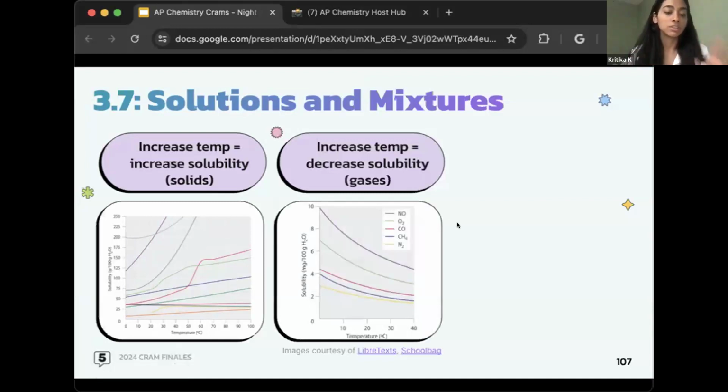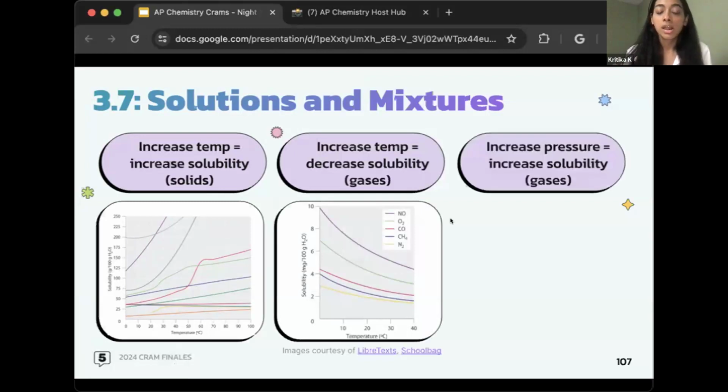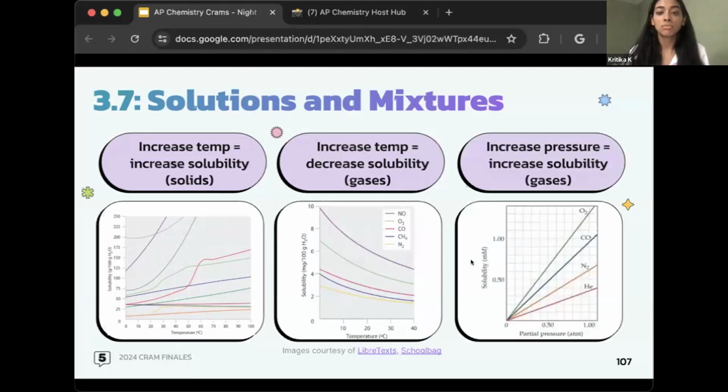So it's the opposite for solids and gases. If you increase the pressure of gases, you're actually going to increase solubility. An increase in pressure usually comes with a decrease in volume. So if there's a smaller volume where the gases are interacting, then they're more likely to dissolve.